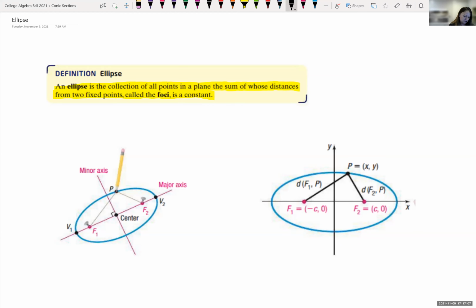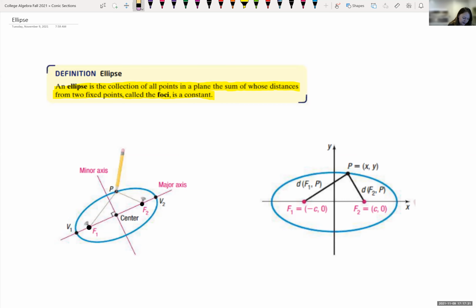And so these 2 foci are always on what is called the major axis. This major axis right here has a length of 2a. Our minor axis is always the smaller axis. Both of these axes go through our center.